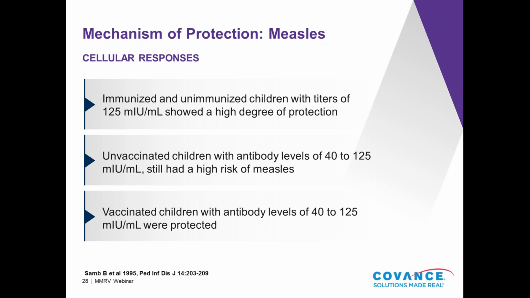One interpretation of these results is that only unimmunized children were not protected by the maternal antibodies, whereas immunized children had cellular immunity in addition to the antibodies. This is an indication of the role of a cellular response in protection against measles.